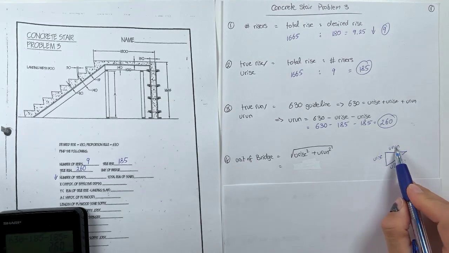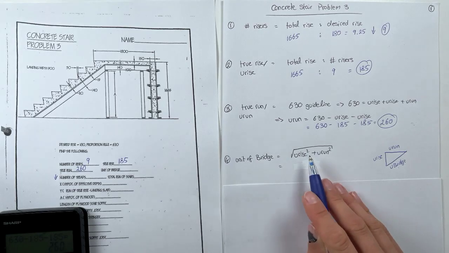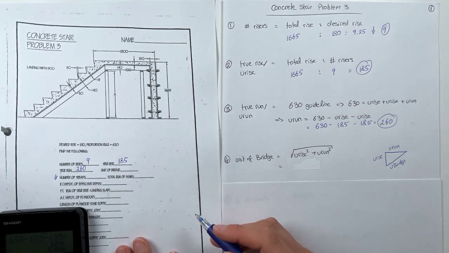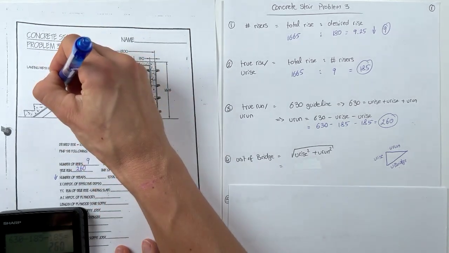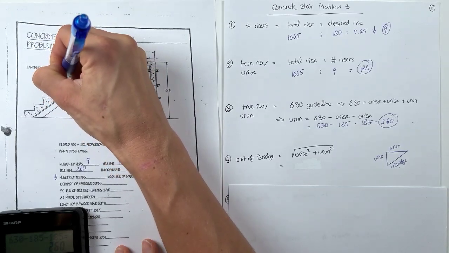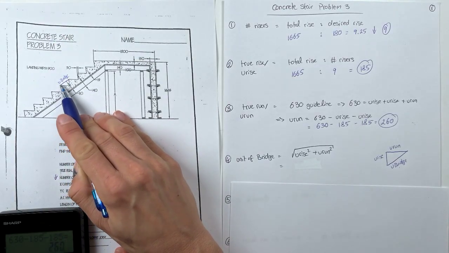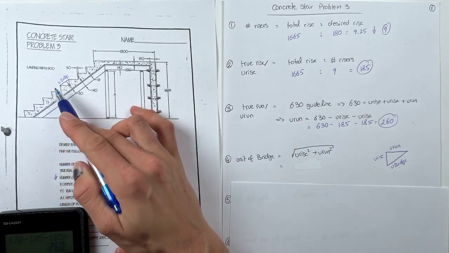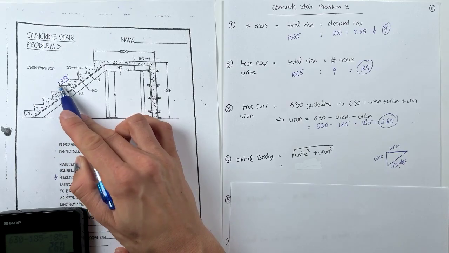So a squared plus b squared equals c squared. Unit rise squared plus unit run squared, take the square root, will get us the unit bridge. And the unit bridge is part of the nosing line. I'll draw it in right here. It's just a portion of the nosing line that goes all the way down, touching all the nosings.